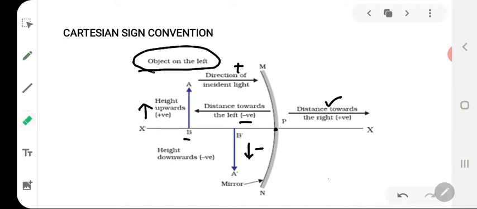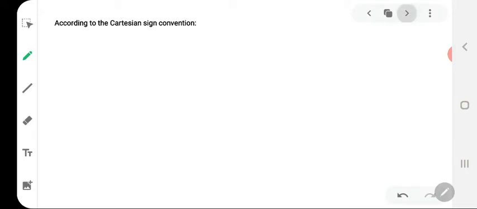So this is the basic sign convention that is going to be followed, and let's quickly write it down so that it becomes convenient for you to remember them. According to the sign convention, or rather the Cartesian sign convention, what are the rules?